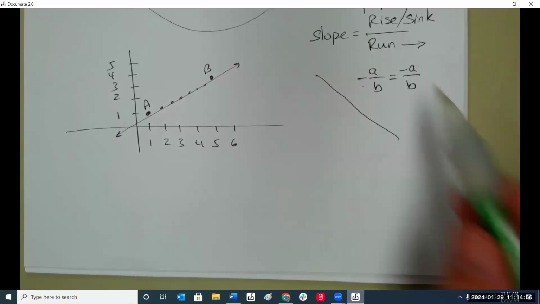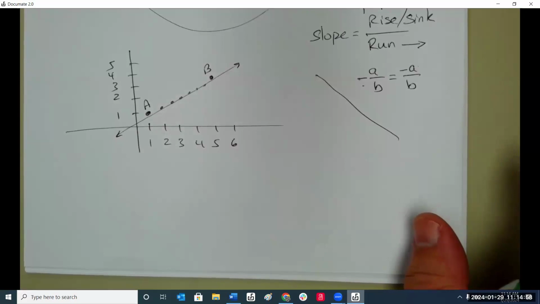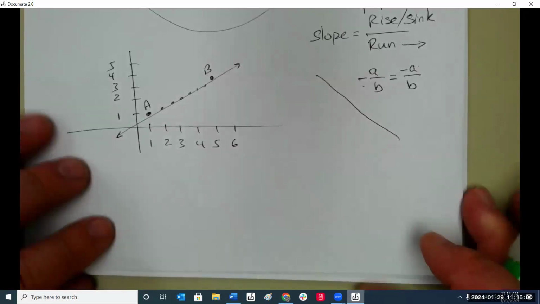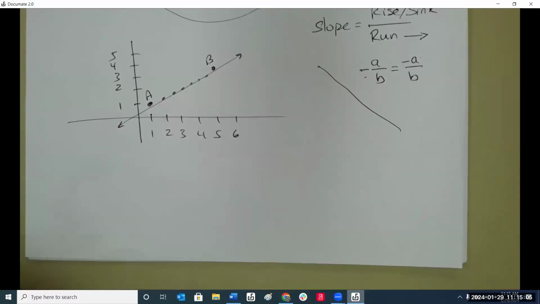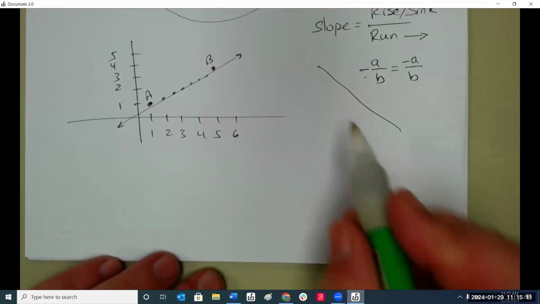Yeah, why is the negative never written on the bottom? Ever, always. It's a common convention in mathematics that the negative number can never be on the bottom. I'll show you why.